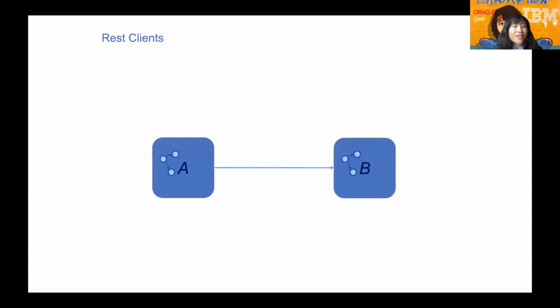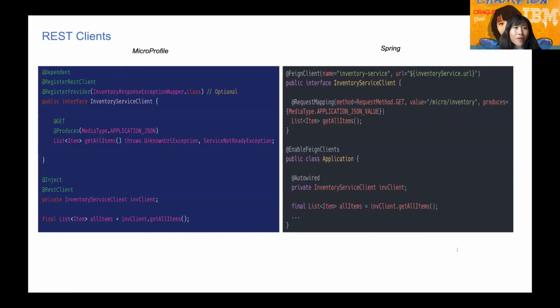So next, once you create one microservice, the next thing is how can I connect these microservices together? So it's the connection aspect. In MicroProfile, we use the MicroProfile REST client.